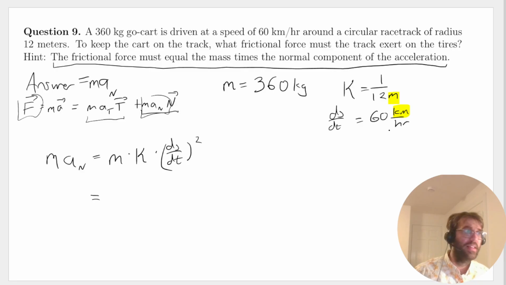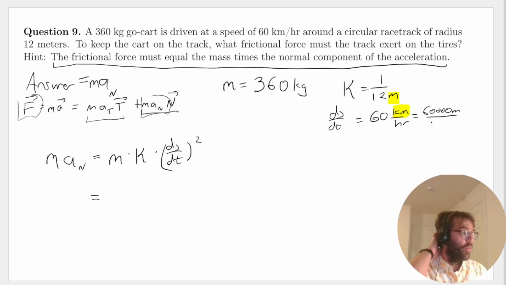I'm going to compute everything into meters, and I'm going to convert everything into seconds as well, because that's our standard units for force. We're going to try to put it into meters and seconds and kilograms. So I'm going to take the 60 kilometers per hour, and I'm going to say this is actually 60,000 meters divided by 1 hour's 3,600 seconds. This is 50 meters per 3 seconds.